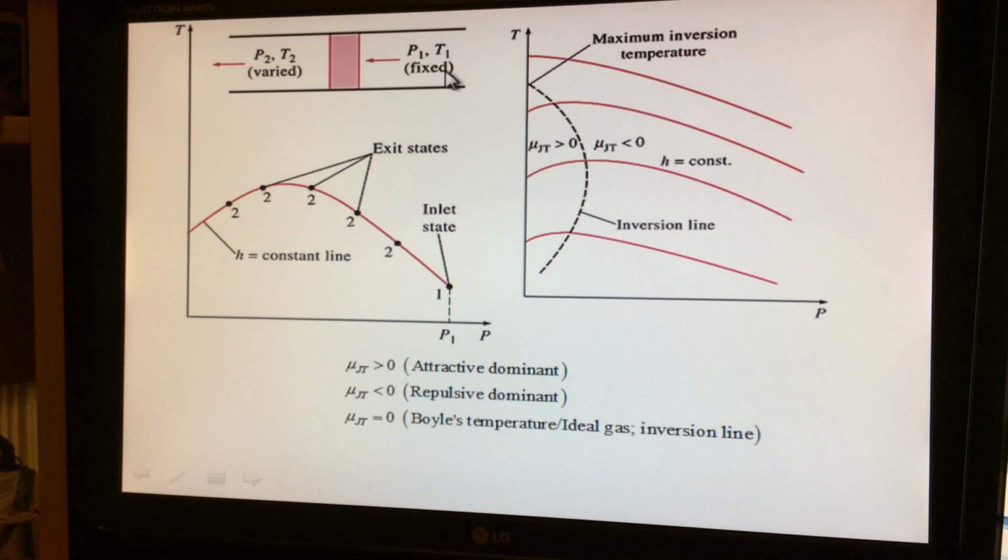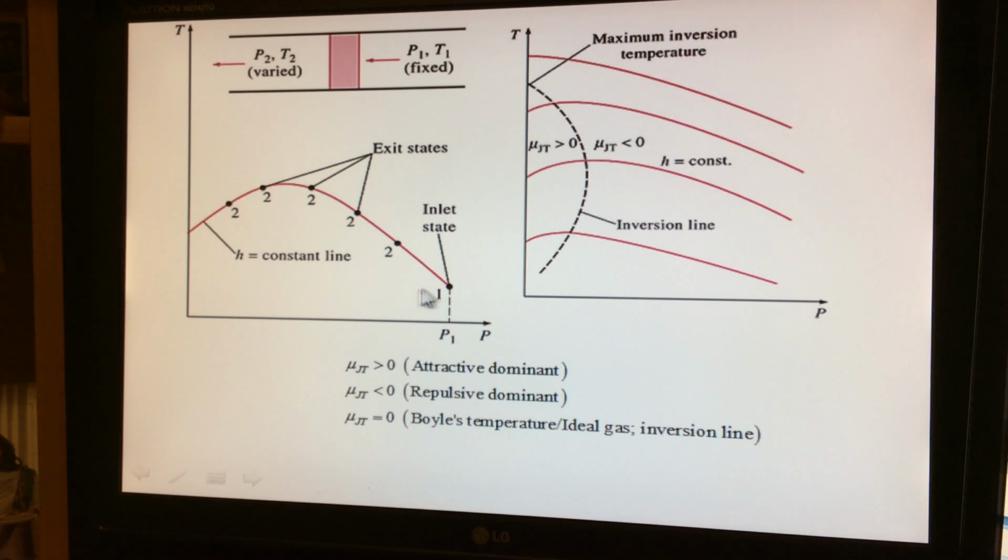Experimentally, the way these data are generated is that you have this point down here, and that is your inlet condition. That is given by P1, and the corresponding temperature, if you draw a horizontal line, will be somewhere there.